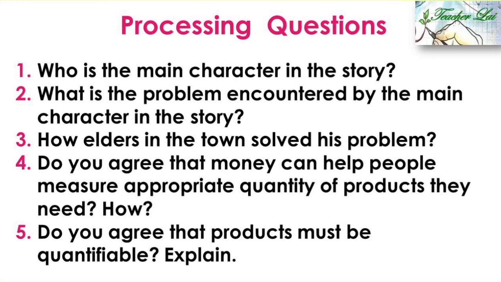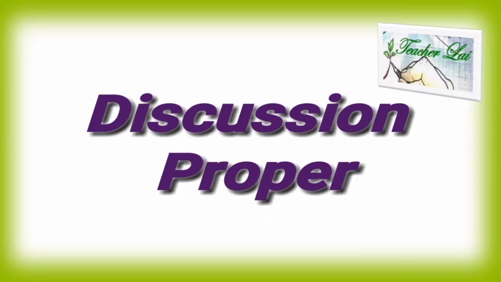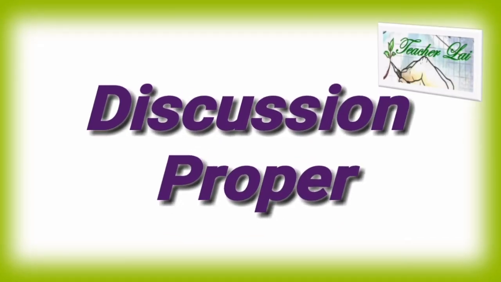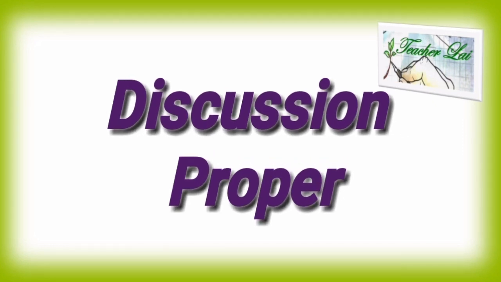Number 4. Do you agree that money can help people measure the appropriate quantity of products they need? How? And last number. Do you agree that products must be quantifiable? Explain.